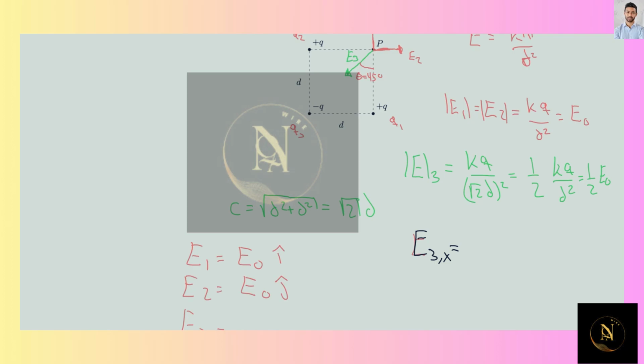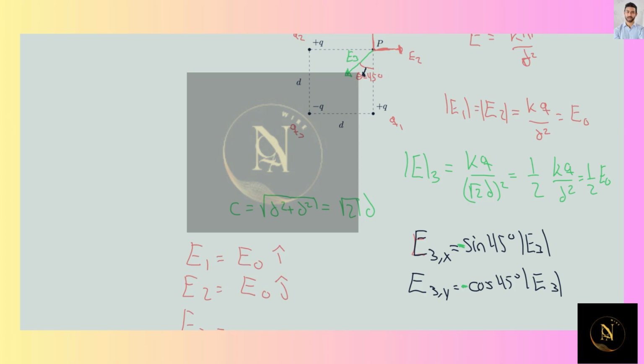In this case, it doesn't matter because sine and cosine of 45 degrees are the same. But just to be accurate, this would be the sine function because the x projection is the opposite cathetus from this picture. So sine of 45 degrees times the magnitude of E3. And E3 in y would be equal to cosine of 45 degrees times the magnitude of E3. Remember that E3 is pointing in the negative direction, so we need to add that negative sign on each of them. And the magnitude of E3, we said, was equal to 1/2 of E0.